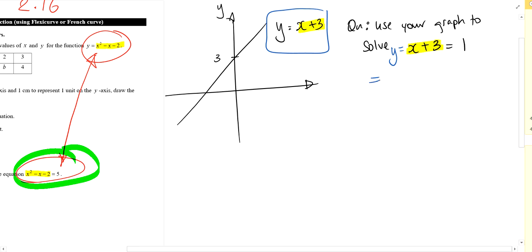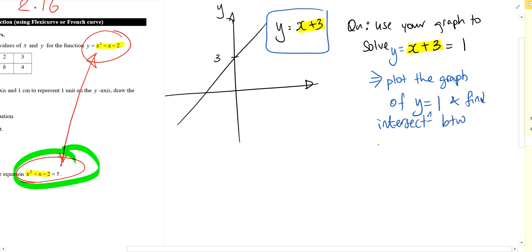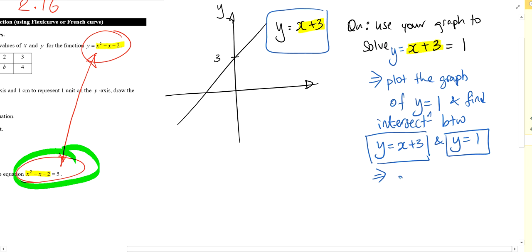So this means that we need to plot the graph of y equals 1 and find the intersection between y equals x plus 3, which is already drawn for us, and the graph of y equals 1. Once we find the intersection points, then the x coordinate of the intersection is the solution.